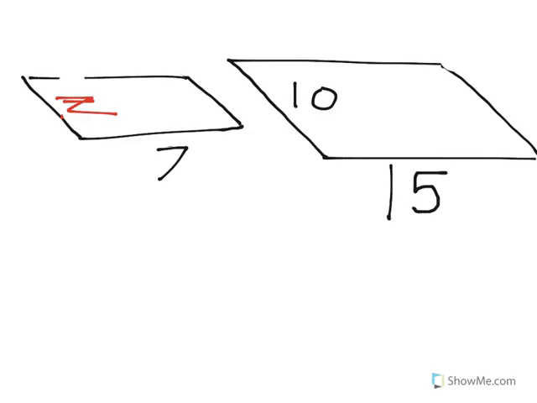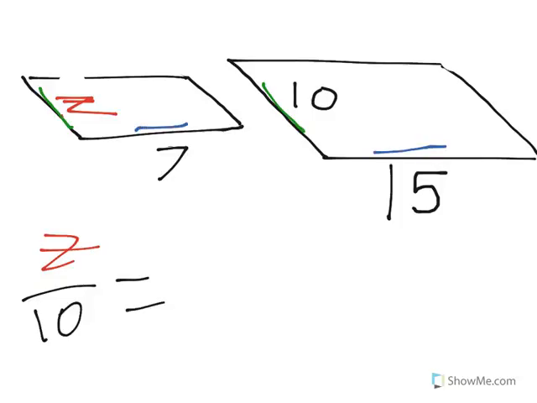Now, proportions can also be used on parallelograms. We can see here that these two parallelograms are similar, so we're going to use ratios to make a proportion. We can see here that z and 10 are the corresponding sides, so we'll make a ratio out of that. And that would be equal to 7 and 15, because those are the corresponding sides.